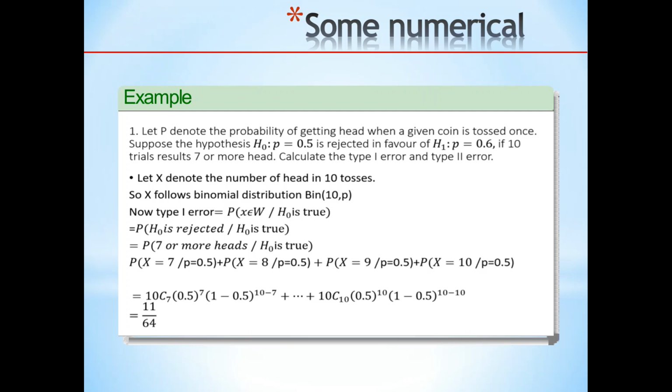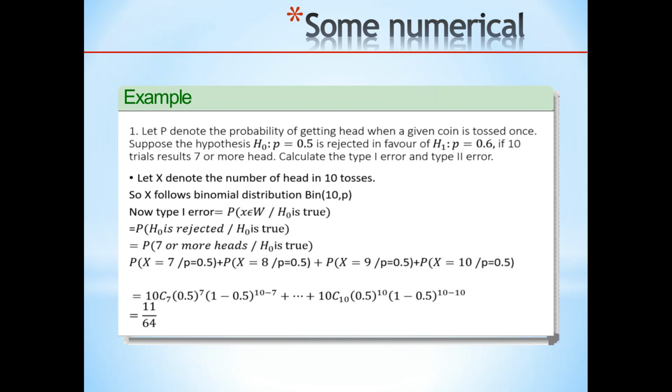So we can write it as the probability of 7 or more heads given the null hypothesis is true. From this we can also write the probability of x equals 7 given p equals 0.5, or the probability of x equals 8 given p equals 0.5.